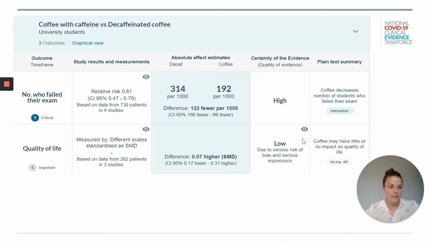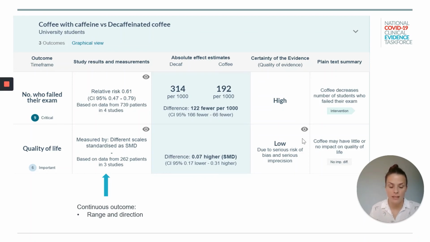Next outcome is a continuous outcome, so something that you would measure on a numerical scale, for example. And here the outcome is quality of life, and it is rated as an important outcome for this clinical question. The setup looks the same as the dichotomous outcomes.